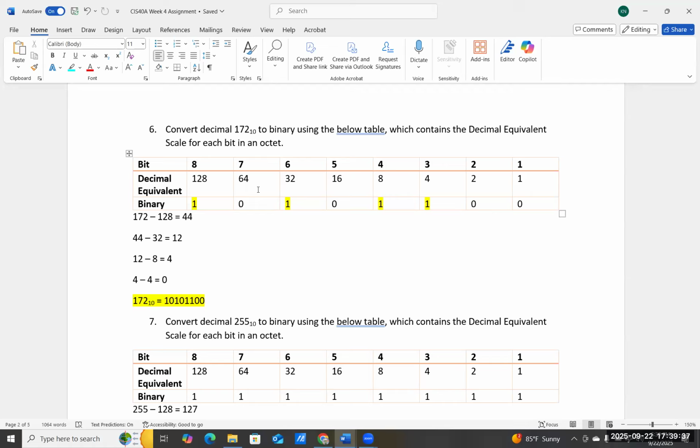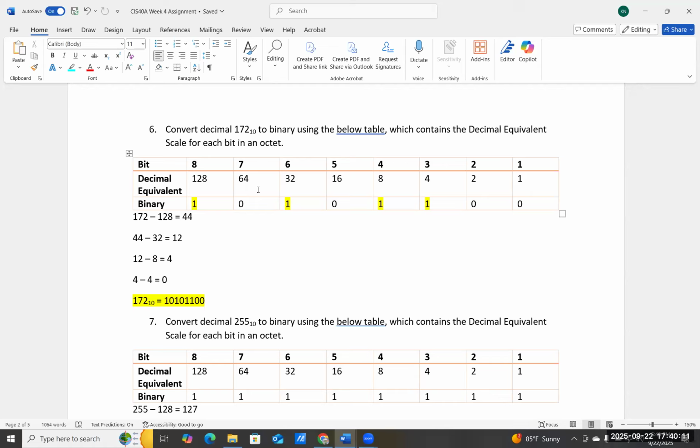That bit is on, and I have a remainder of 4. Then, the last one I subtracted was the 4th bit, equivalent to 8, so I go down to the 3rd bit. 4 minus 4, yes, I can subtract it. So I put a 1 and I have 0 left. Since I have nothing left, the last 2 bits are off. I put a 0 and a 0.